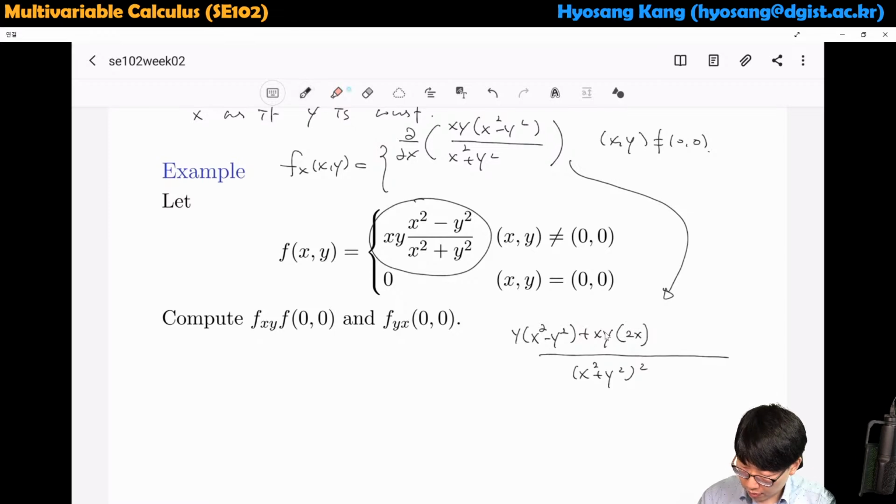You see, I already omitted y squared here, because if I take the derivative in x of y squared, it's considered a constant, so it becomes 0.